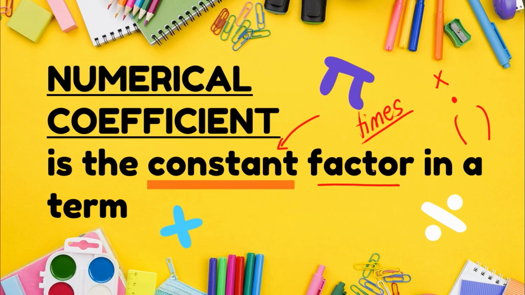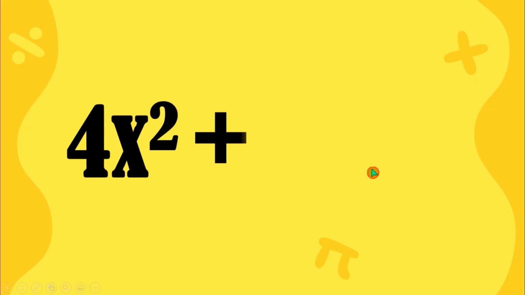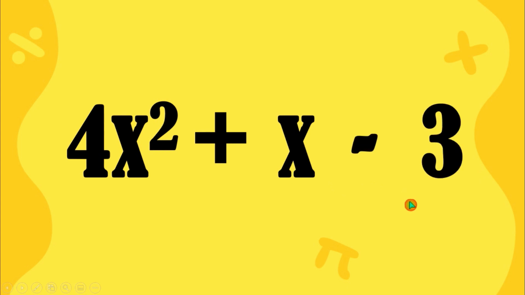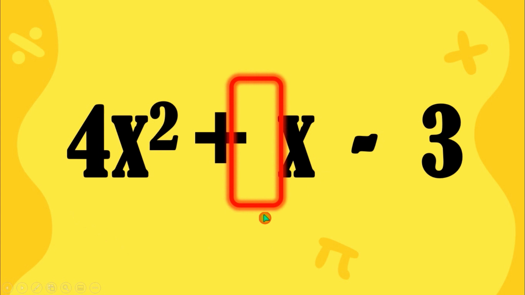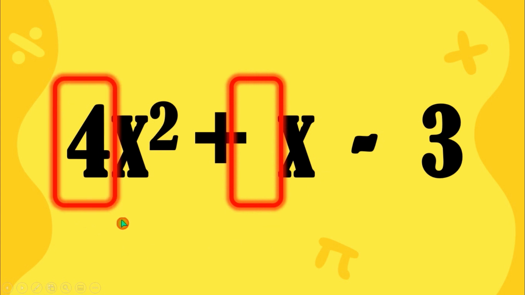Let's take a look at this one. Okay, I have here 4x squared plus x minus 3. Ito lang yung situation natin a while ago. So, ano yung mga numerical coefficient natin dito? Let's take a look at this. Oh, nakita nyo yan? And this one. Okay, so in this case, class, si 4 dito, it's a numerical coefficient daw. Bakit? Kasi factor siya. Naaalala nyo, there is an implied operation there.